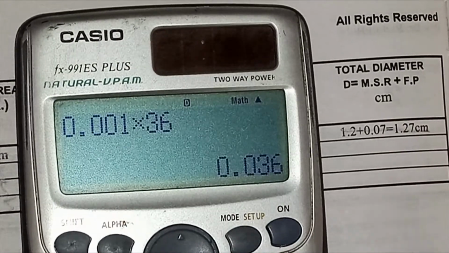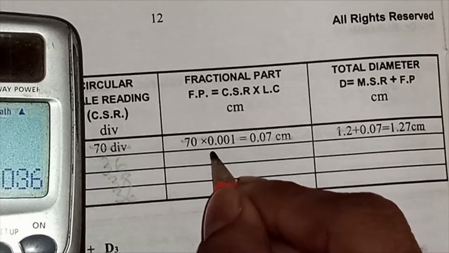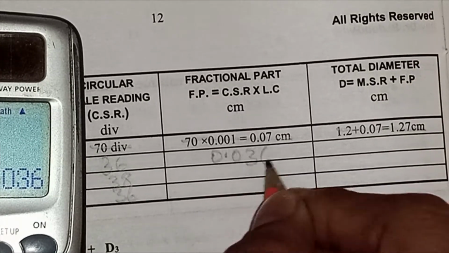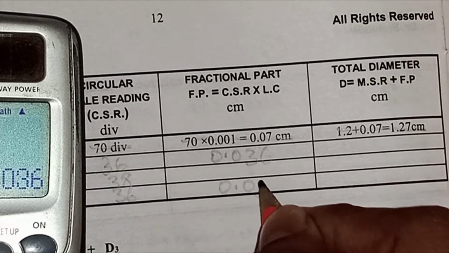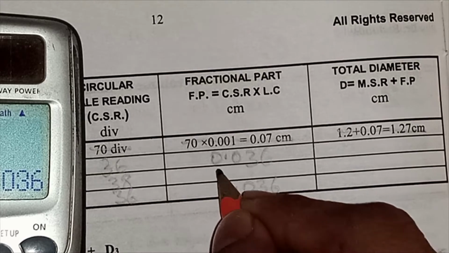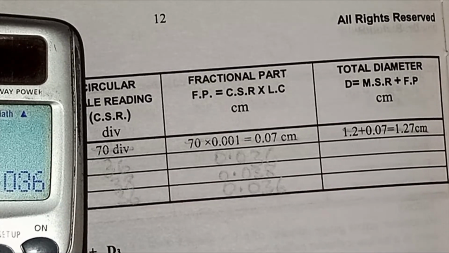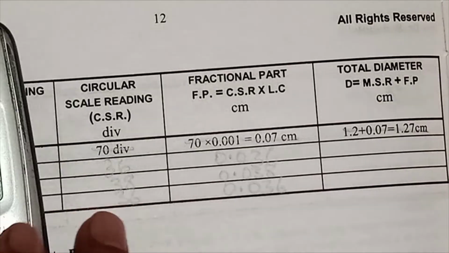So the answer is 0.036. And for 38, the answer will be 0.038. You can also calculate for your understanding.